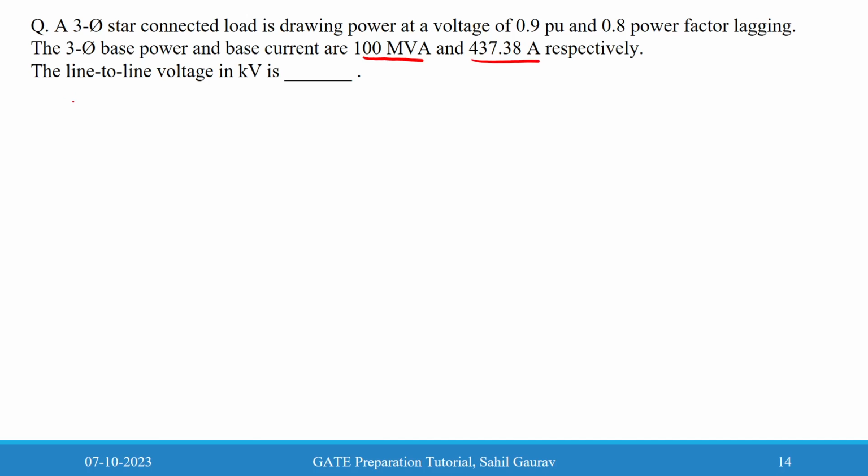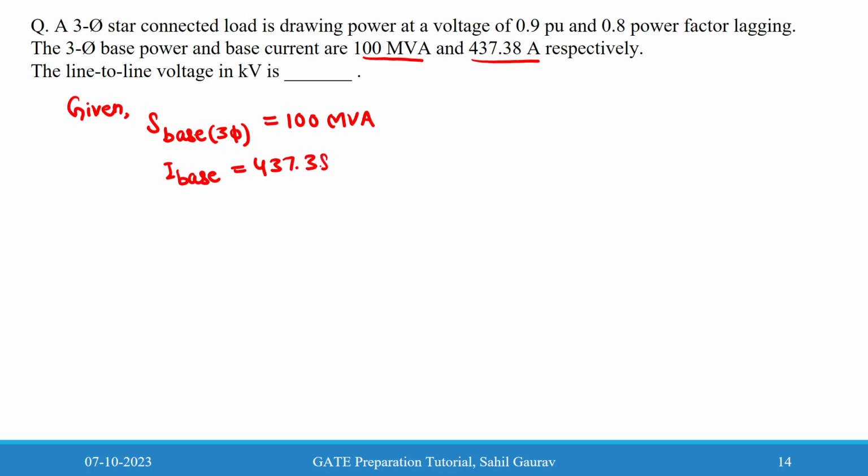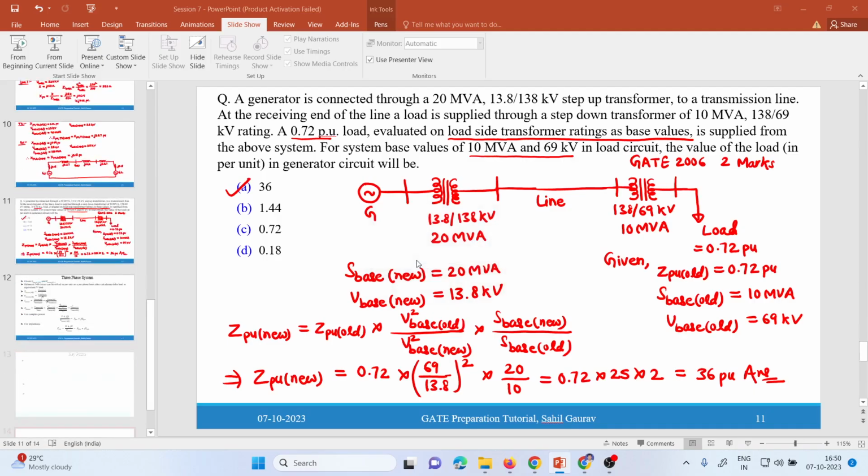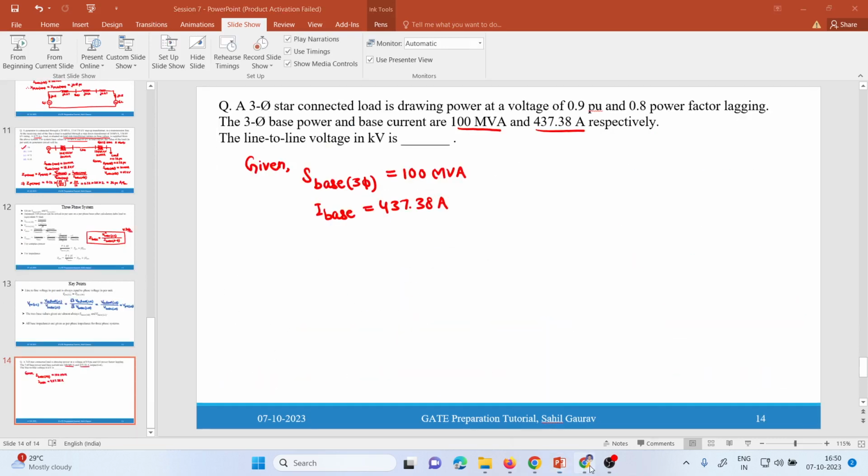So the given values are S base three phase, given as 100 MVA, and I base, given as 437.38 ampere. Now you will apply the expression that we have seen in the slide.